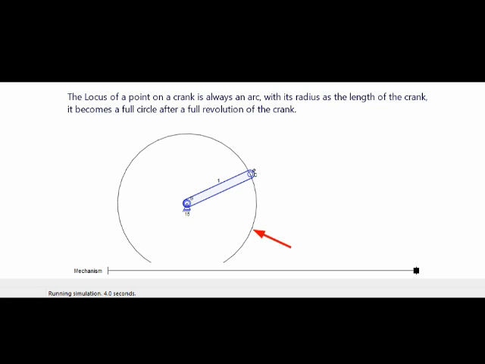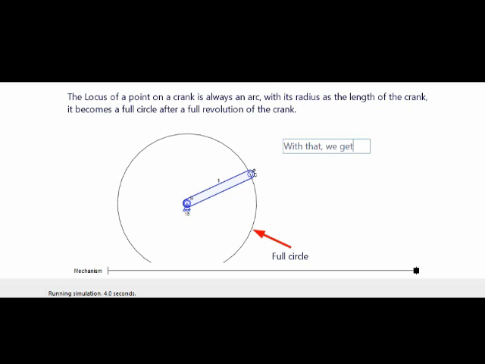The locus of any point on the crank, as I said in the earlier sections of the videos, always forms an arc with its radius as the length of the crank, because normally the point being traced is at the end of the crank.